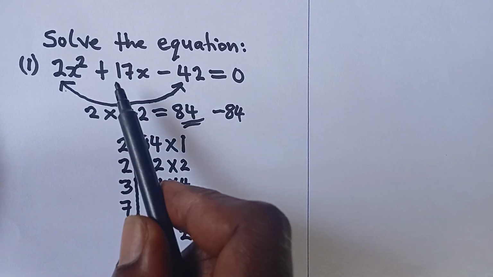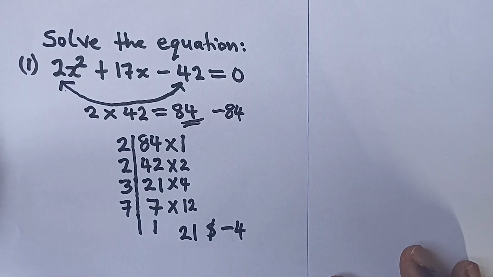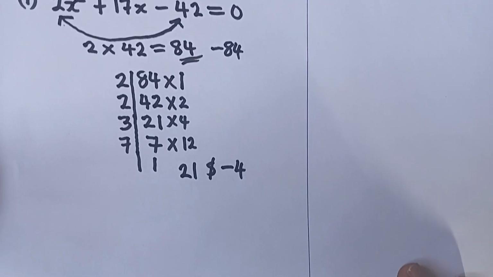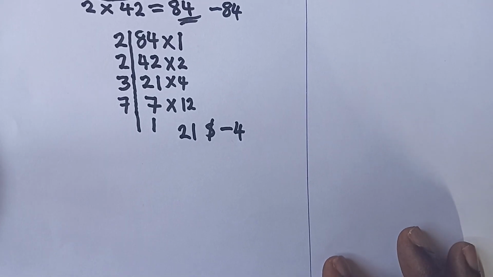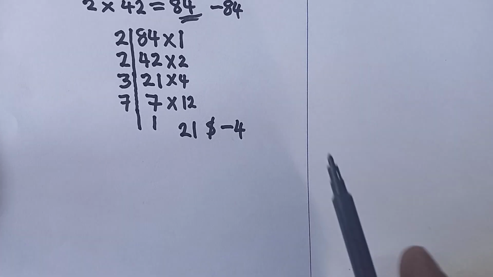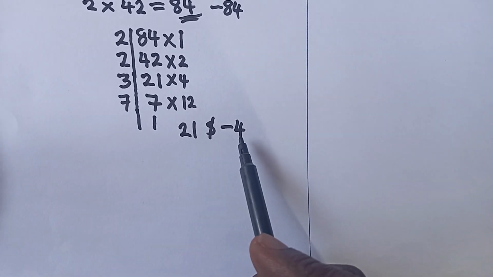So now, in place of this 17, we can rewrite the equation. What we are going to do is to replace the 17 at the middle by 21 and negative 4.